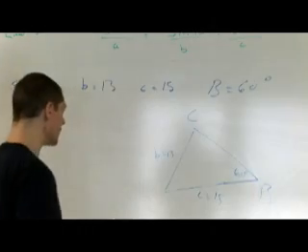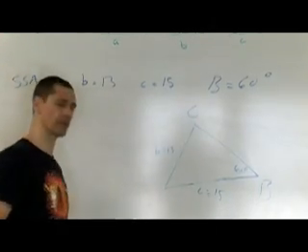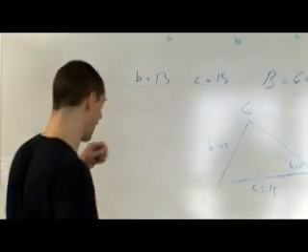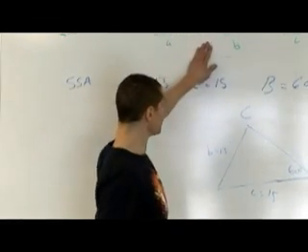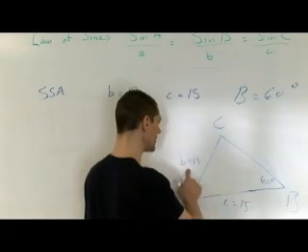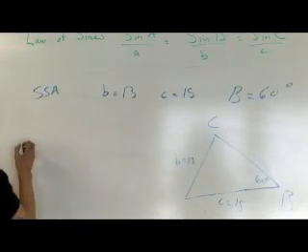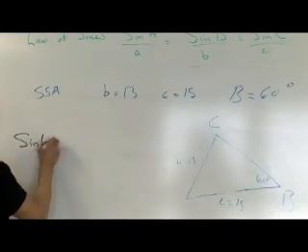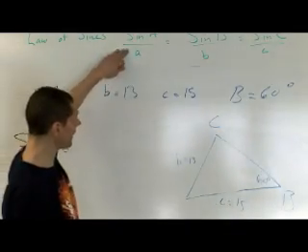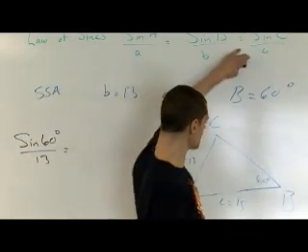Well, let's see what we can do. The first thing is, and some people are going, hey Mike, how are you picking out which things to solve for? Well, I have these relations, and so I have this sine of 60 over little side b. So sine of 60 degrees divided by 13. This is going to equal sine of a over a, or sine of c over c.